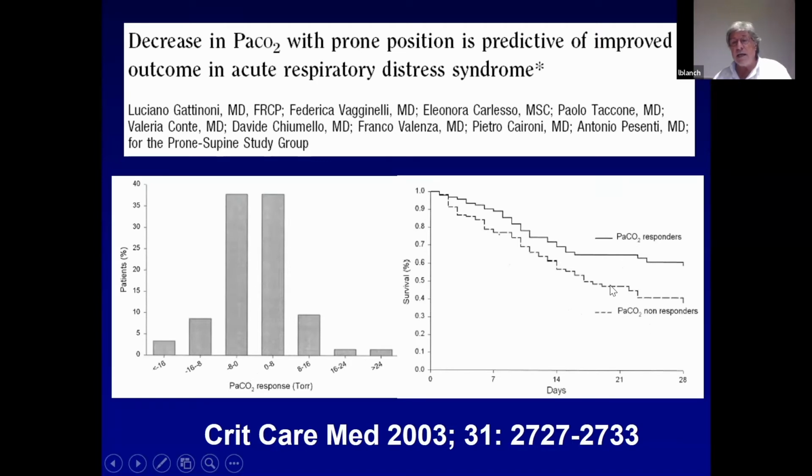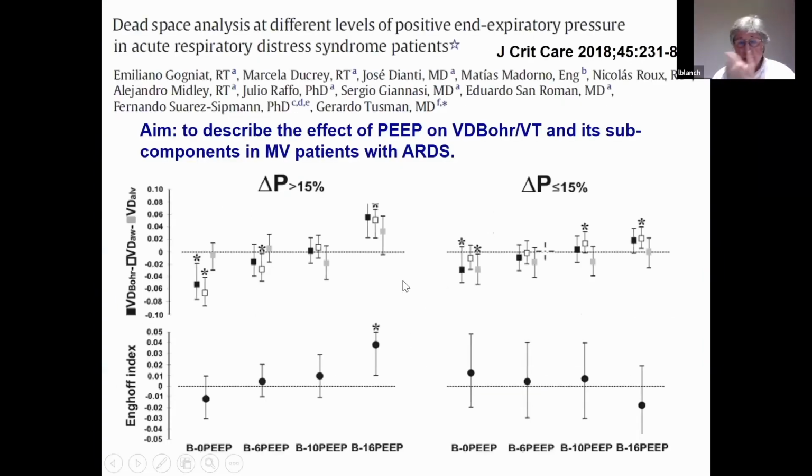Again, this says that if we recruit the lung, we are able to improve the V/Q and to have lower driving pressures, more recruitment, and a much better distribution of V/Q in prone position, which is one of the major effects. Also, this has an effect on outcome. And this paper is interesting because it is the one in the literature that combines the measurement of dead space, in that case the Enghoff index, as a function of the driving pressure.